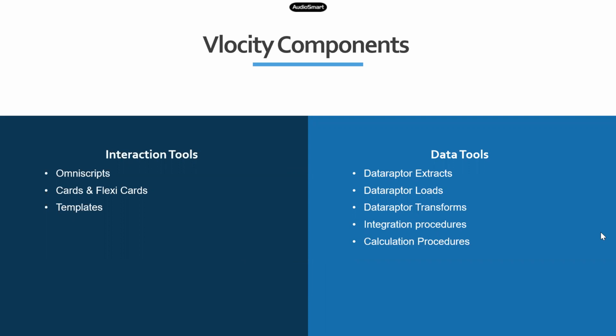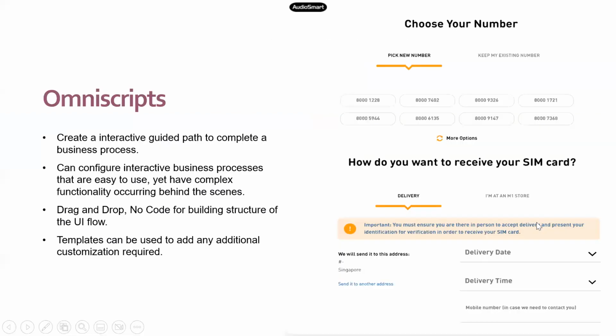And data tools are the ones using which you can build backend logics. Right? For example, just a very simple one which I just wanted to show, so I'm highlighting it here.